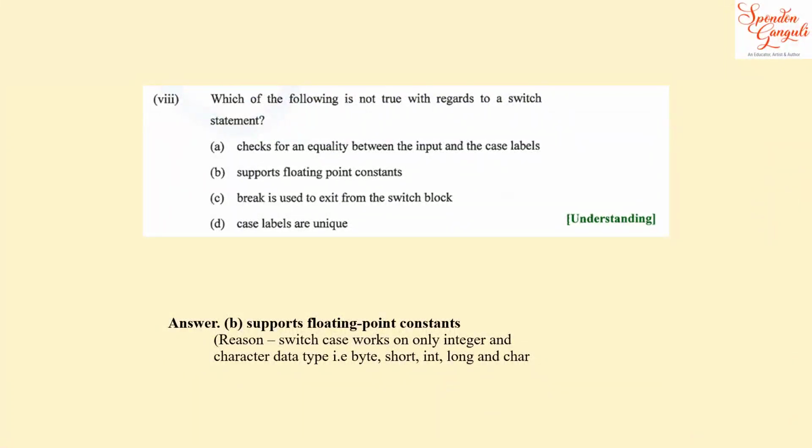So switch case works only on integer and character data types: byte, short, int, long, and char. Though in a newer version of switch, it is said that it works on string and other types as well. But for us, we will consider only integer and character data types.